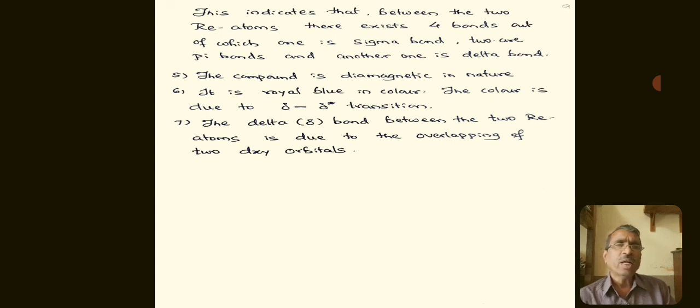This is a unique structure having a delta bond. The compound is diamagnetic in nature. It is royal blue in color. The color is due to delta to delta star transition. Students, this delta bond you are going to study in higher standards. The delta bond between the two rhenium atoms is due to the overlapping of two dxy orbitals.